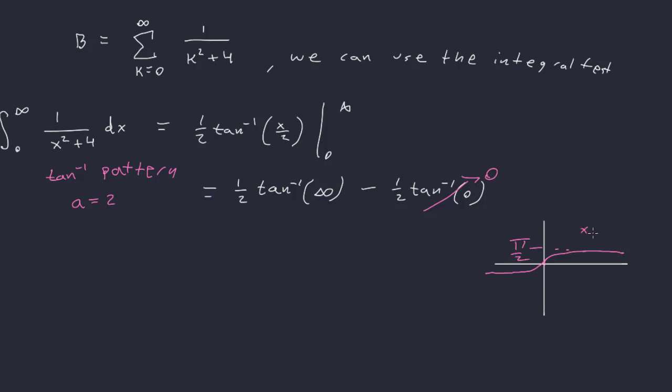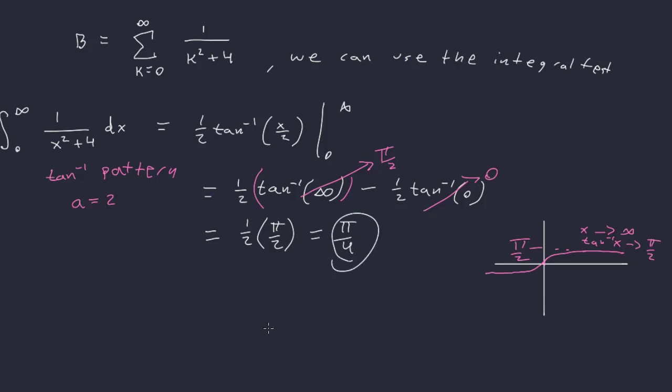So as x goes to infinity, tan inverse of x goes to pi over 2. Again, writing tan inverse of infinity is bad form, but this piece is going to pi over 2. Doing it this way can just save us some time. If you feel better about actually writing the limit out each time, go for it. But this will be 1/2 times pi over 2, so we'll have pi over 4.